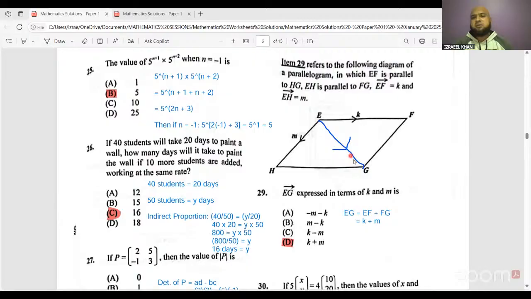So I decided to do a quick something, draw vector EG, put in my arrow. So EG is going from E to F and then from F to G. In other words, vector EG is EF add FG, and maybe I could put some quick arrows here. So vector EG is vector EF add vector FG.